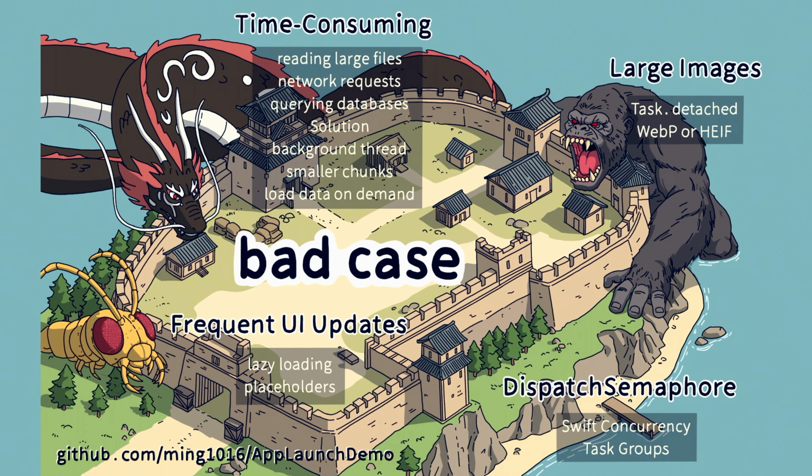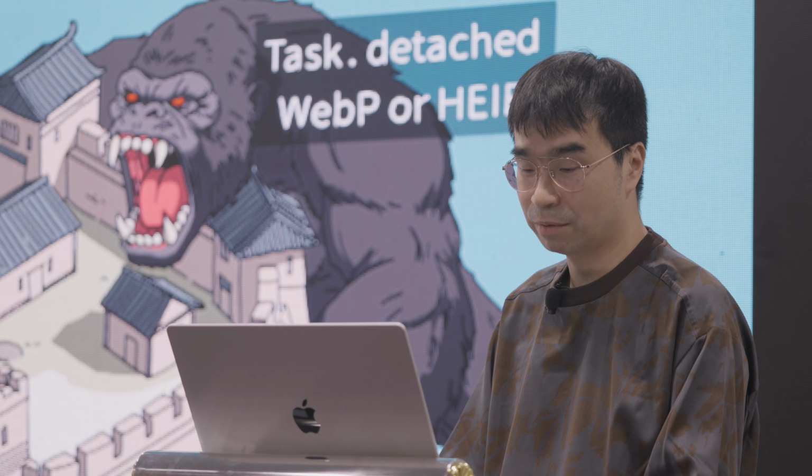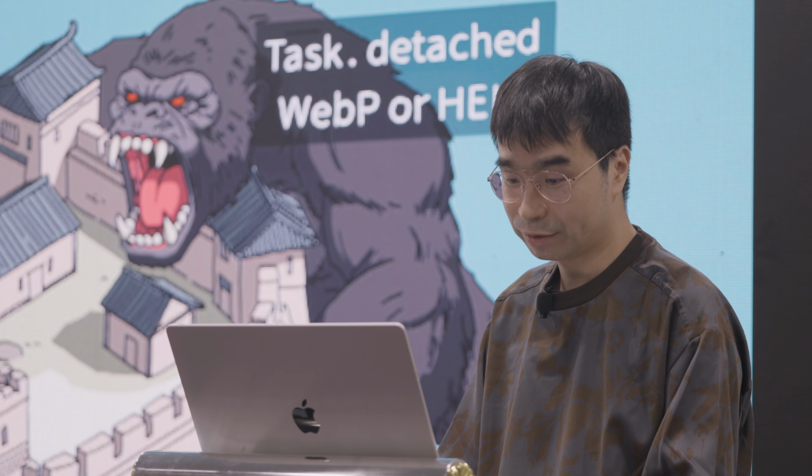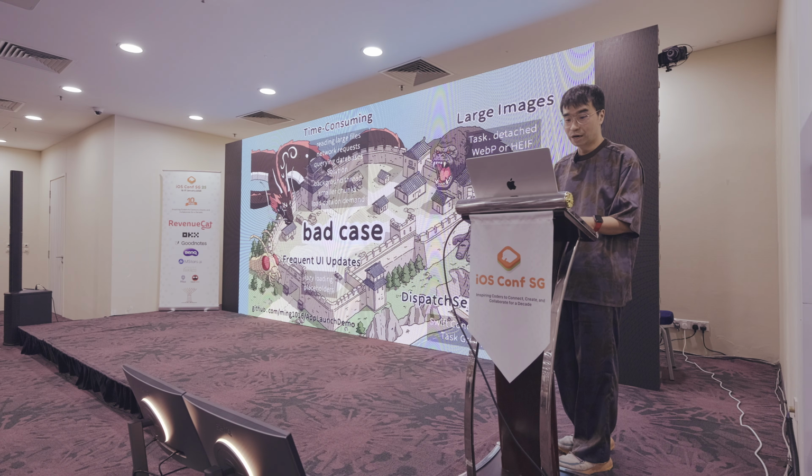The last issue is dispatch semaphore, which can block the main thread. The solution is to use Swift concurrency task groups, moving the heavy work into assigned tasks and freeing up the main thread. The relevant examples and solutions are available in the link below.